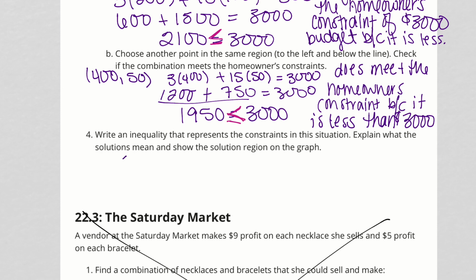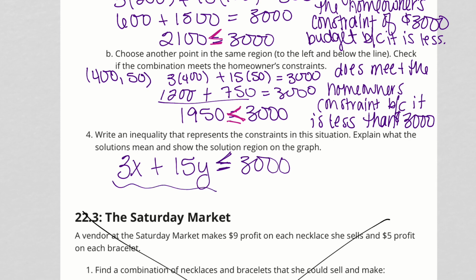So I'm going to have the 3x plus 15y equals 3,000. But I'm going to change it to be less than or equal to 3,000 because all of the solutions that were less than our line on the last page gave us less than the budget. So the budget is a maximum of $3,000.